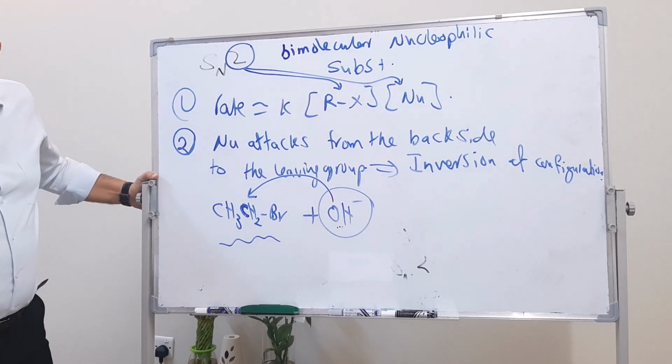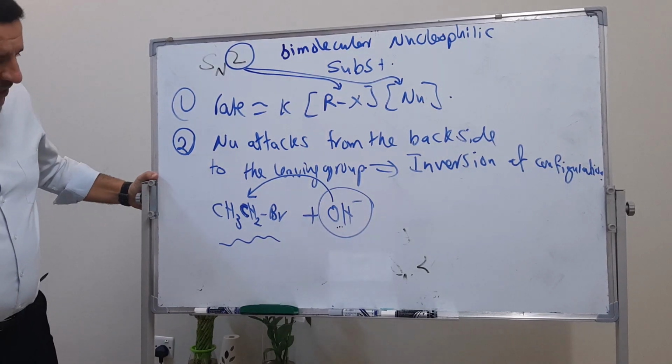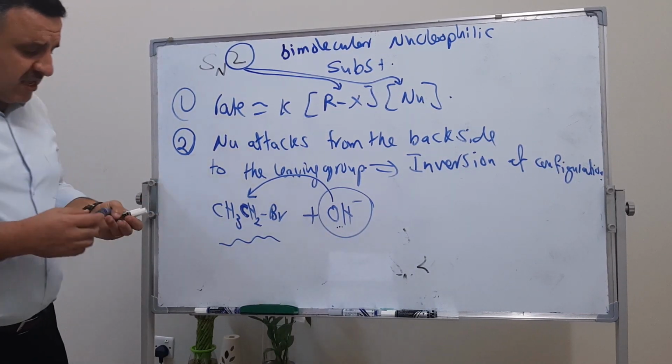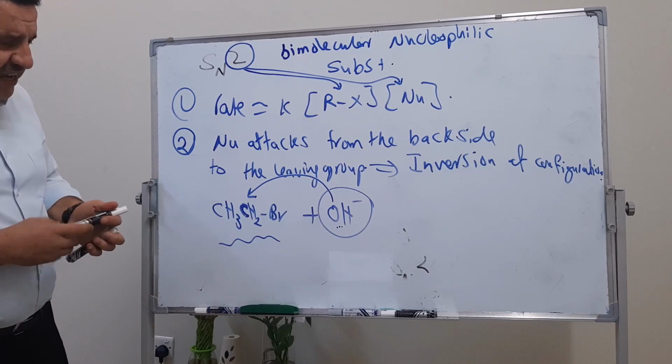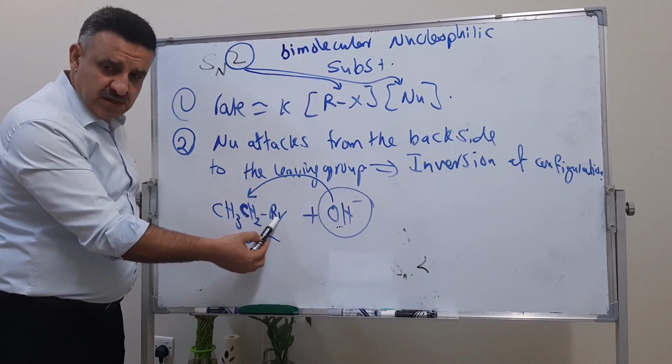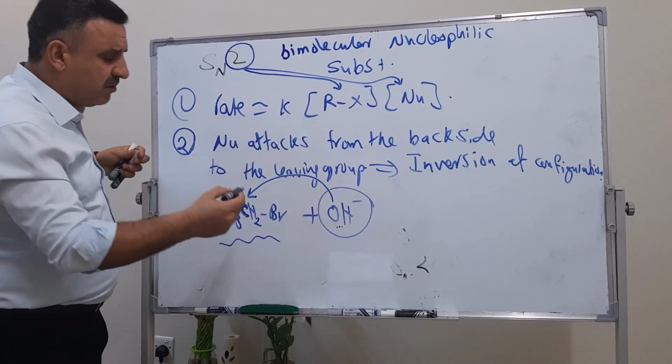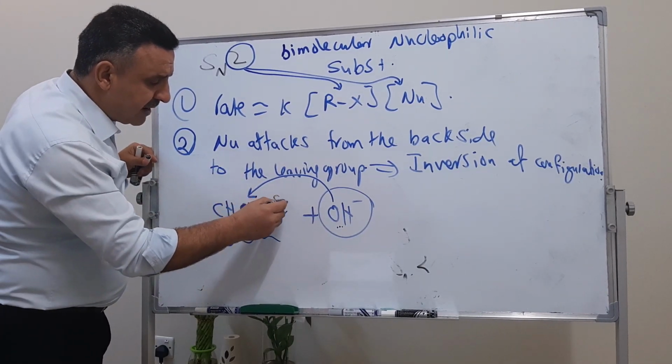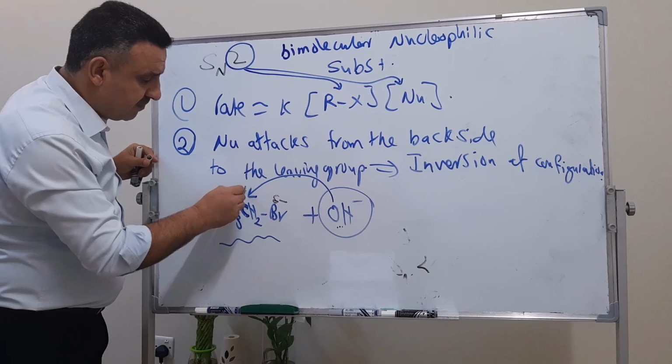Because when you check the electronegativity between any halogen and the carbon, we will always find that the halogen is partial negative and the carbon is partial positive.